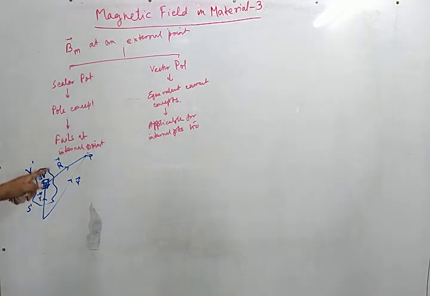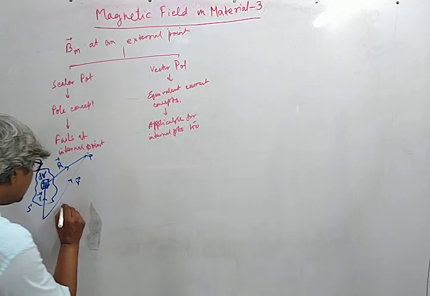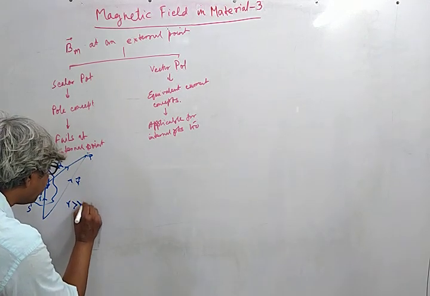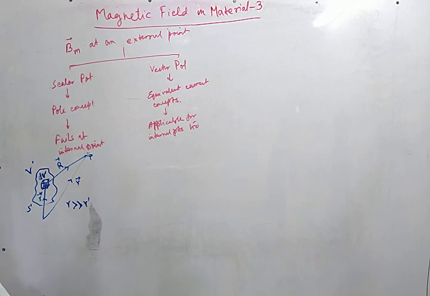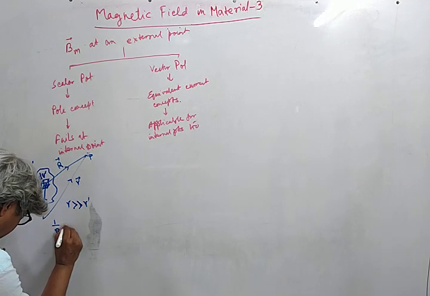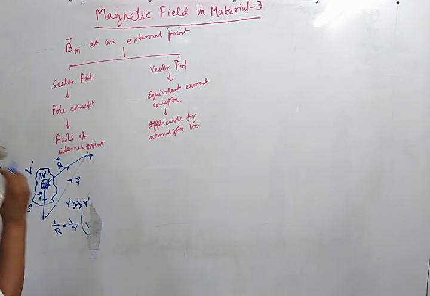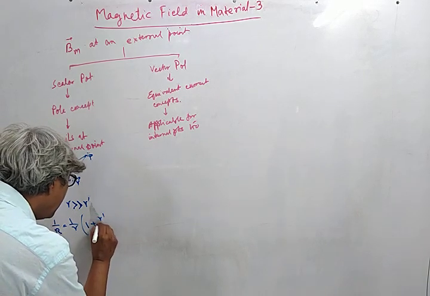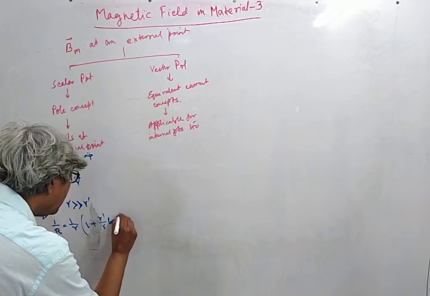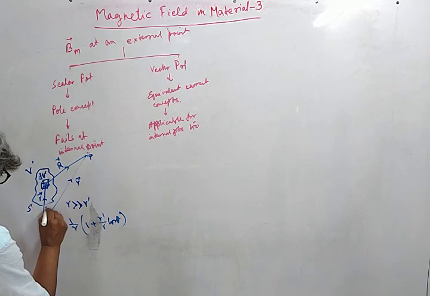Since this material is distributed over atomic dimension, we choose our coordinate system in such a way that small r is much greater than r prime, so that if we expand 1 by R in a binomial series, it is sufficient to keep the first two terms, with cos theta, where theta is the angle between these two.